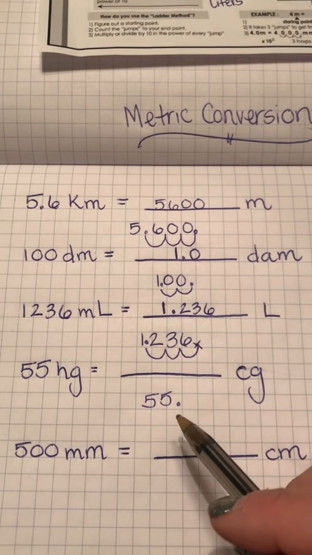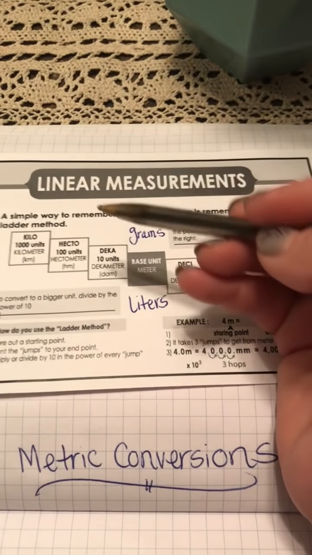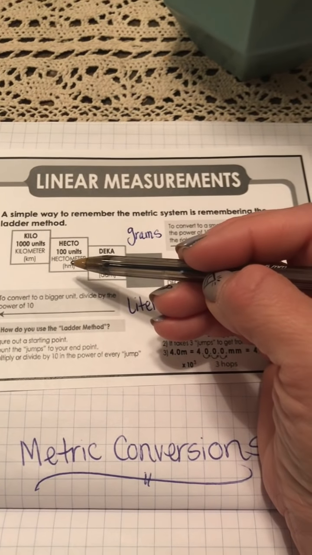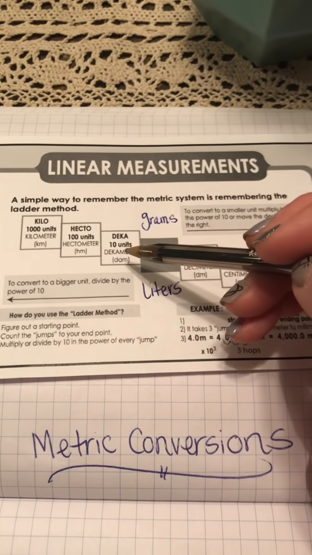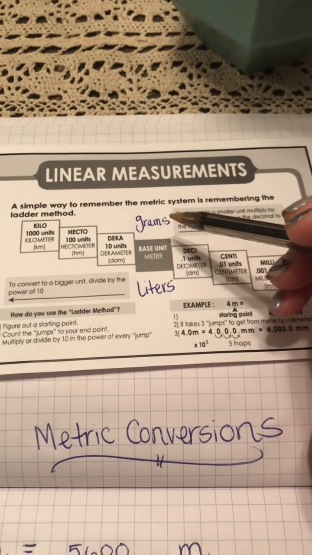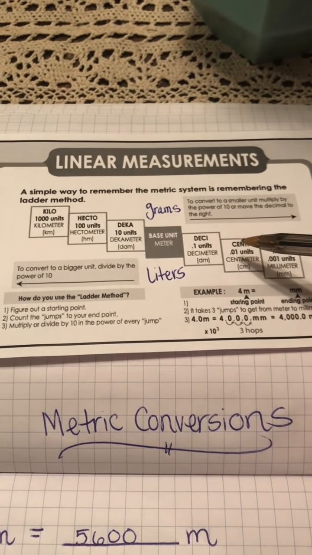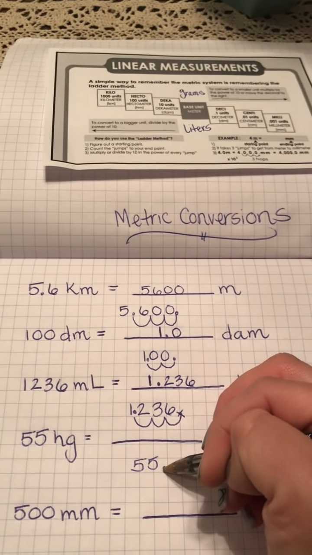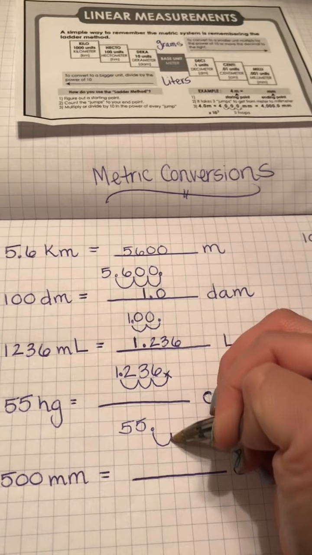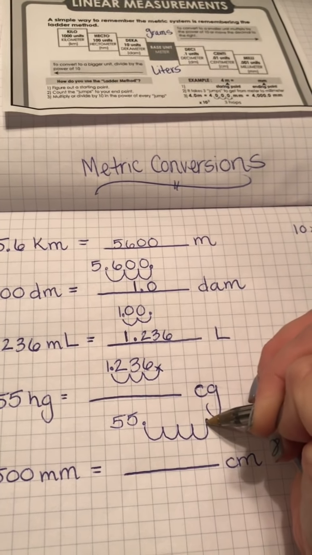So I'm at 55 hectograms, changing to centigrams. Let's go back to our chart, see how many jumps and which way we're going. We're going to go to the right, and let's see how many times. 1, 2, 3, 4. Okay, so this time we're changing 4 jumps. Let's go ahead and replace that decimal. 1, 2, 3, 4.